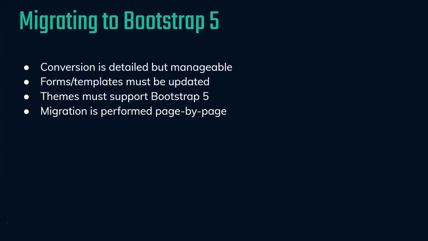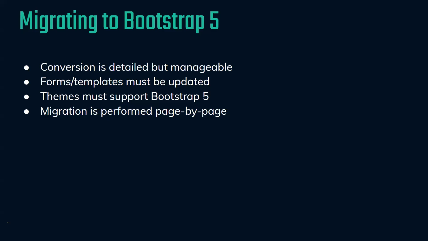The theme has to support Bootstrap 5, and typically migration is done page by page. We have no support for having some modules on a page be Bootstrap 3 and some being Bootstrap 5. The entire page has to change, so typically you can think about your migration efforts as going page by page and making this change.